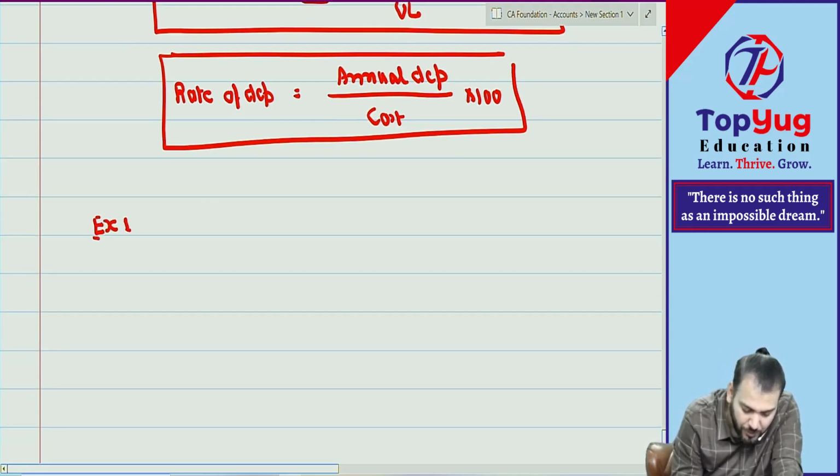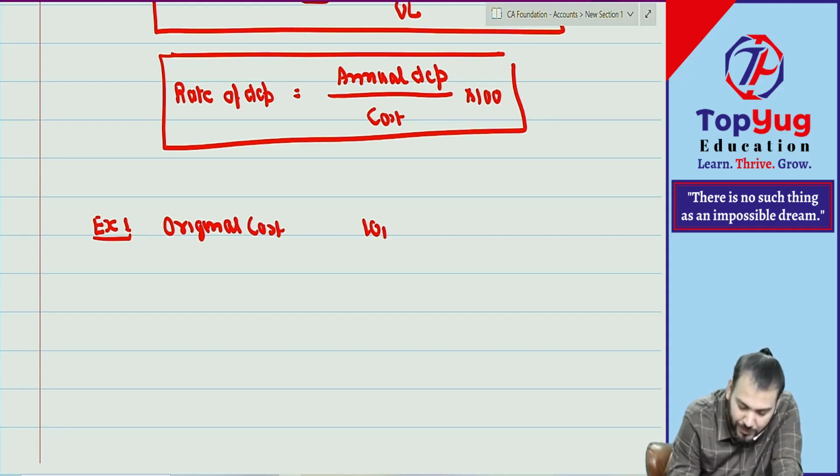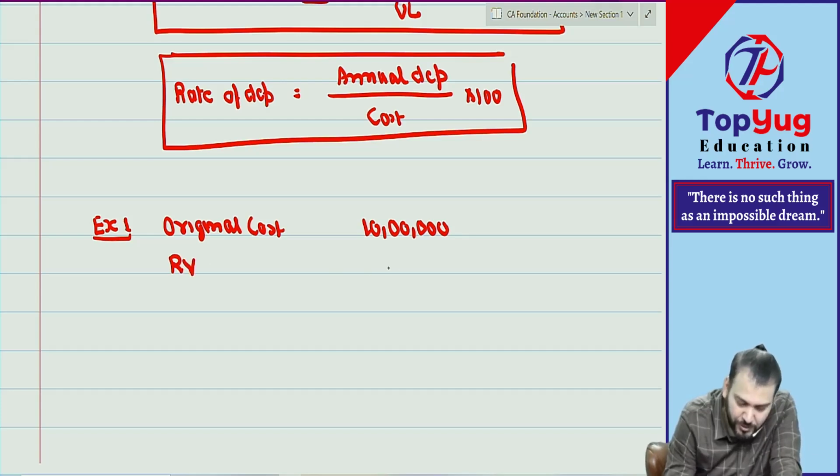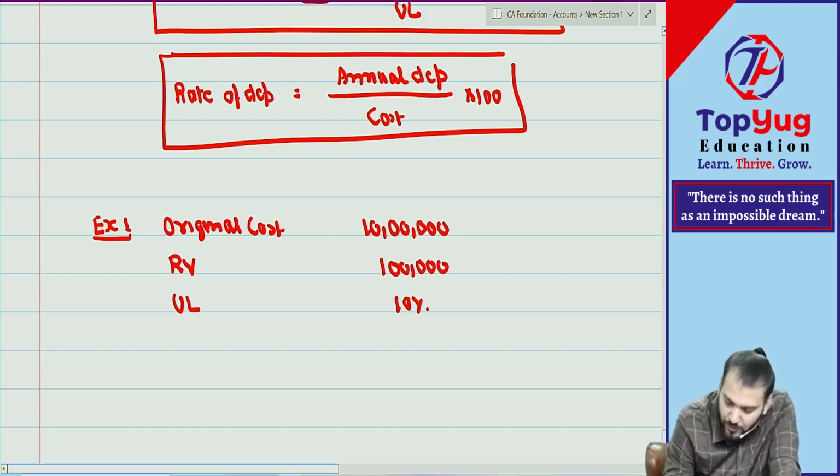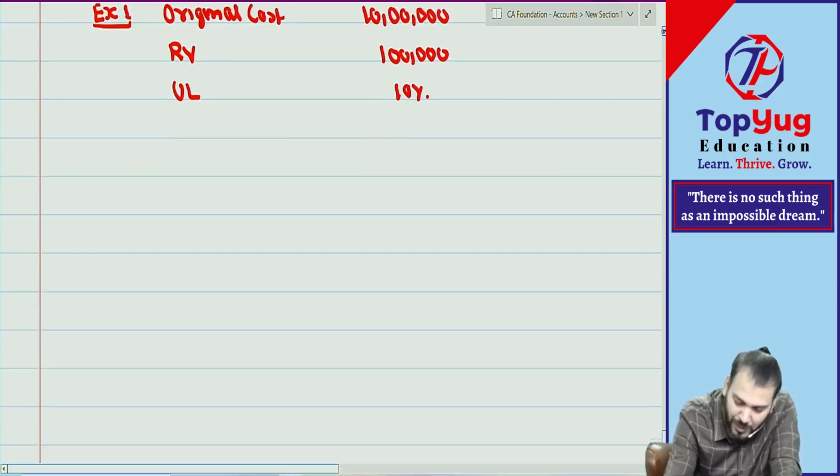Write down example number 1. Original cost 10 lakh. Residual value, RV, means residual value, and UL means useful life, 10 years. What will be the annual depreciation?